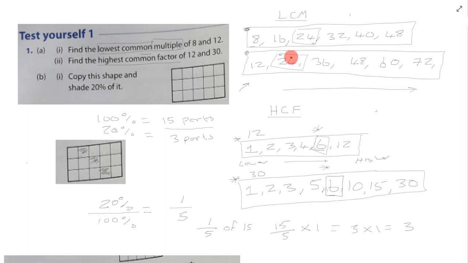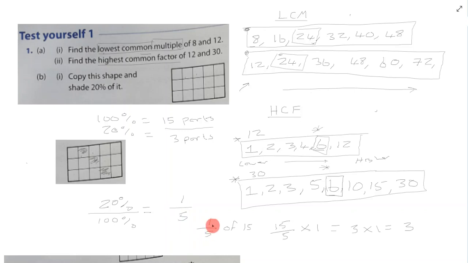It's just basic maths, but it's very important basics that you have a handle on this. So first of all, we've looked at the lowest common multiple, and then we moved on to the highest common factor. Then we've moved on to percentages and how to turn a percentage into a fraction. You can turn any percentage into a fraction by putting it over 100. Then you can simplify the fraction like what we've done here.